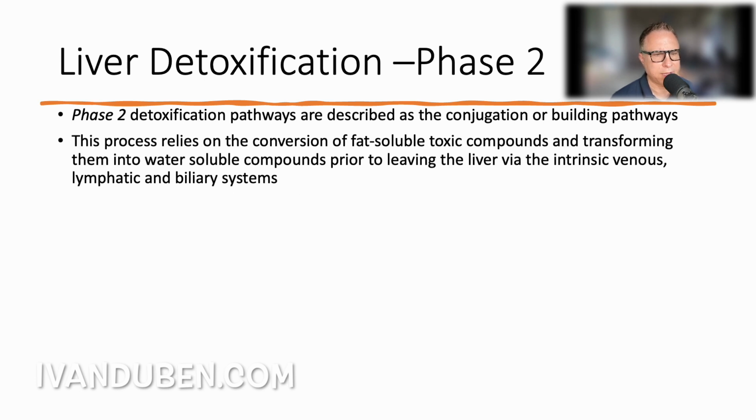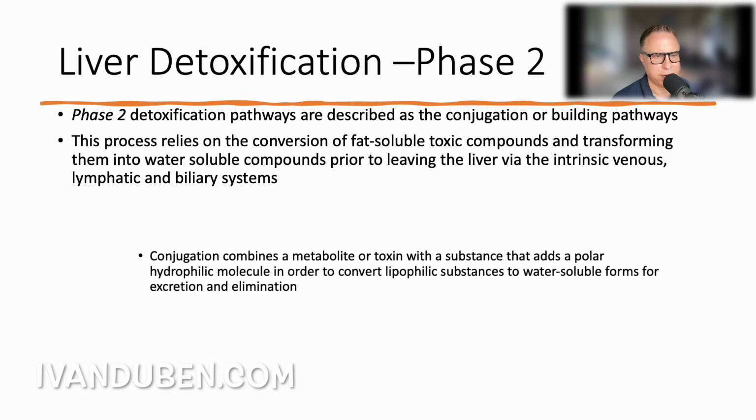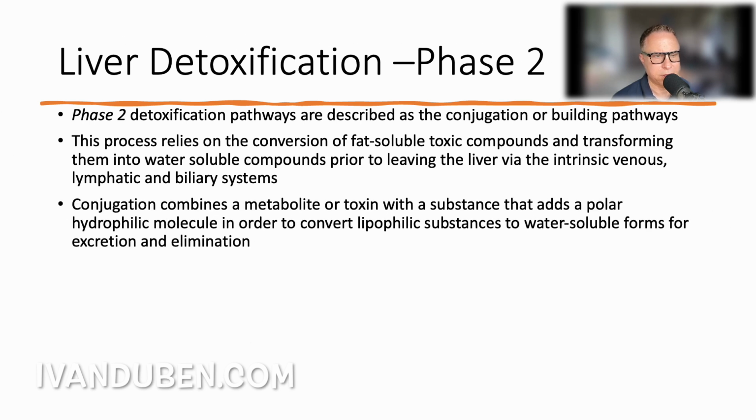The process relies on the conversion of fat-soluble toxic compounds, transforming them into water-soluble compounds prior to leaving the liver via the intrinsic venous, lymphatic, and biliary systems. Conjugation combines a metabolite or toxin with a substance that adds a polar hydrophilic molecule in order to convert lipophilic substances to water-soluble forms for excretion and elimination.